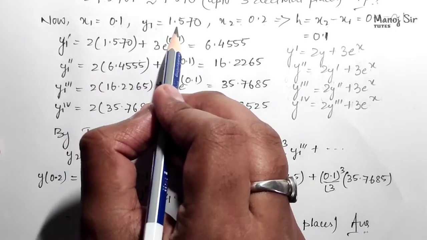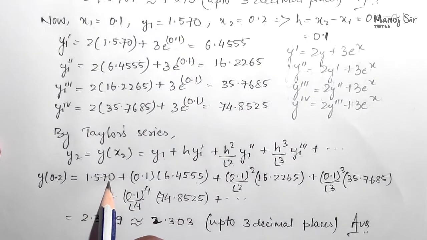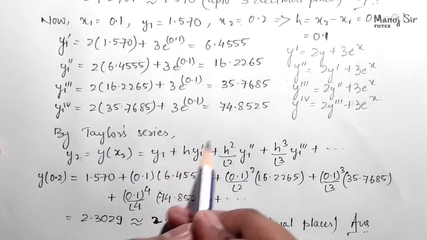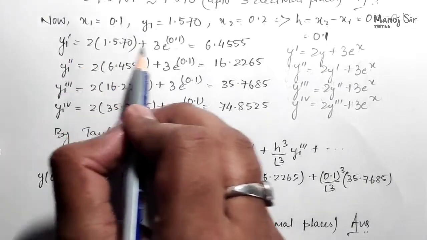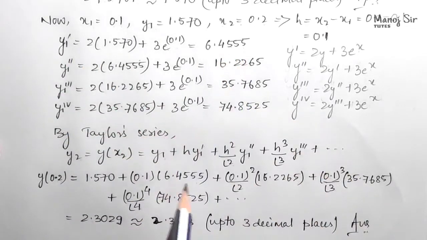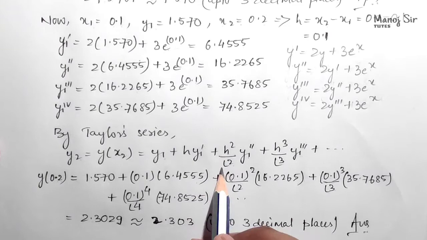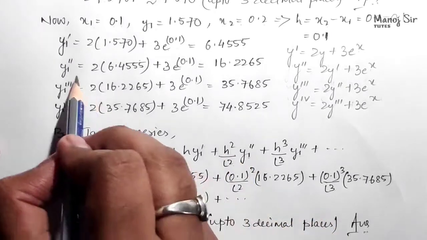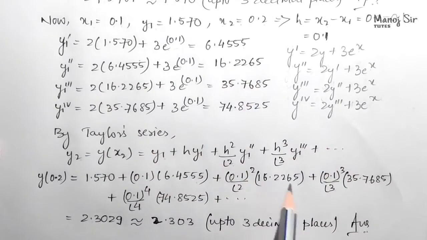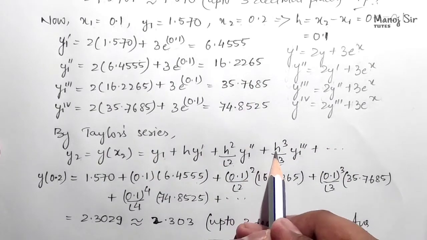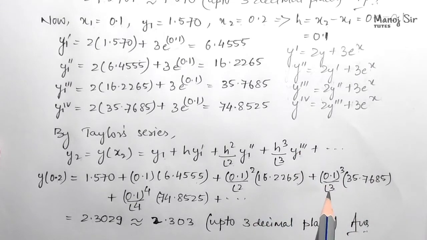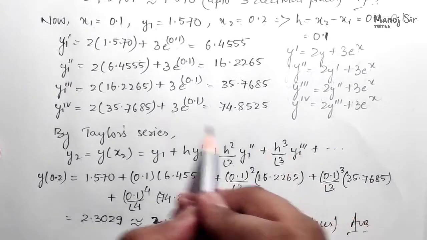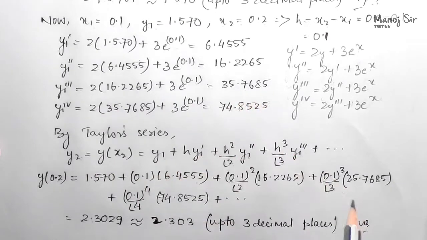So y2, that is y at x equal to 0.2, is given by y1, that is 1.570, simply put this value here, plus h, that is 0.1, into y1 dash, that is 6.4555, plus h square upon factorial 2, that is 0.1 whole square upon factorial 2 into y1 double dash, that is 16.2265. Then h cube upon factorial 3, that is 0.1 whole cube upon factorial 3 into y1 triple dash, that is 35.7685.